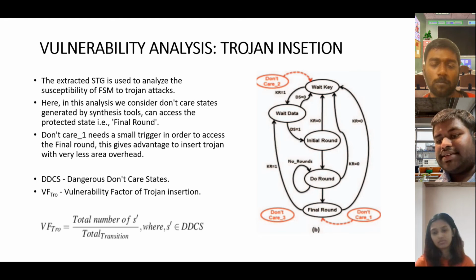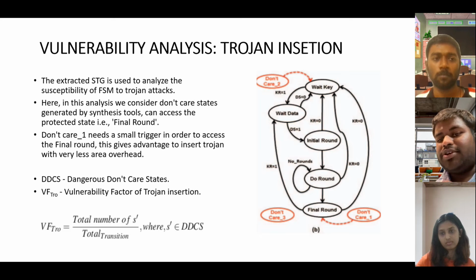If the don't care states enter into the protected state, that makes it easy for the attacker. So this is a quantitative measure which gives the number of states that can enter into the protected states. If this VFTRO is higher, then it's easier to attack. Ideally, it should be 0. So the results will be continued by Meghana.